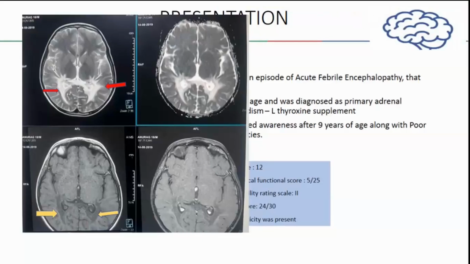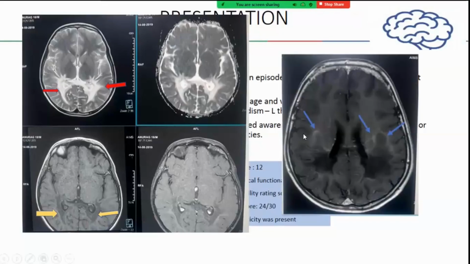But in this family, the child's MRI findings were sort of discordant with the neurological examination, and the parents were very insistent that if something can be done for this child, please do. For bone marrow transplantation, money is available through the RD policy and also from other schemes. And this was without enhancement, you can see this.